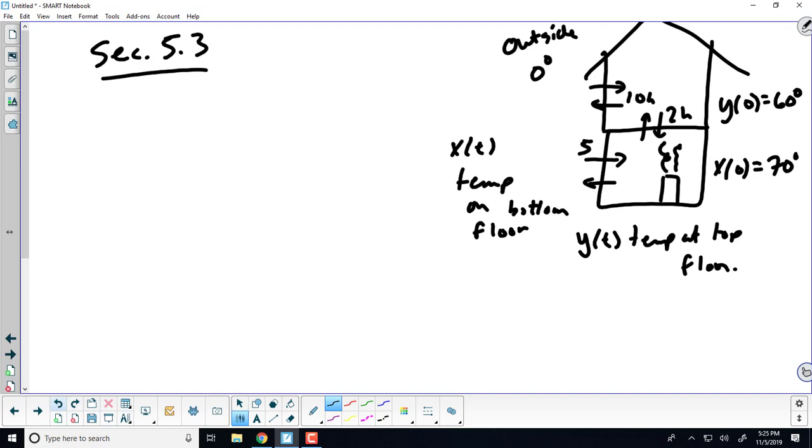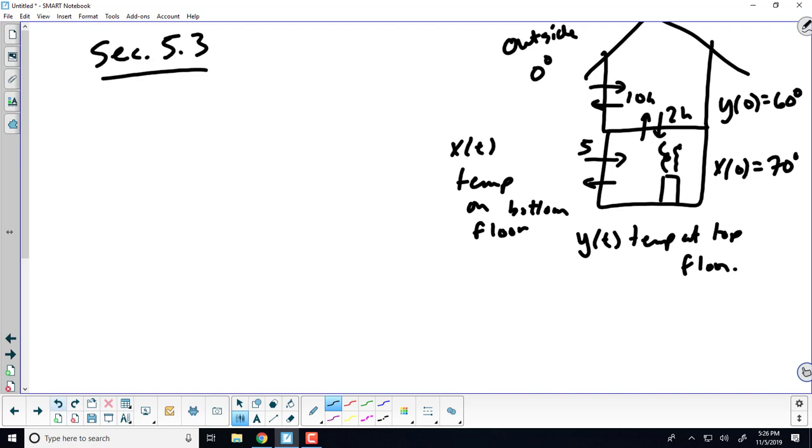This is similar to the rabbit and fox predator-prey problems that we saw way back in section 2.6. In that we've got two rates of change that are dependent upon one another for these two unknown functions, and we want to solve for both of them simultaneously.